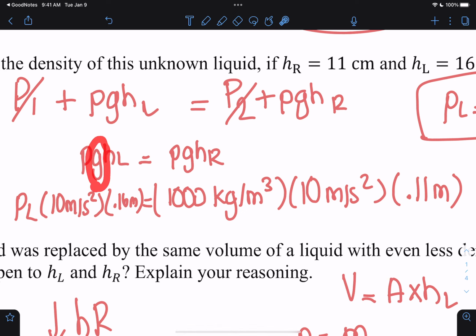Gravity is constant, so if we increase the density of the fluid, then we increase the height of water. If we decrease the density of the fluid, we decrease the height of water. Does that make sense overall?